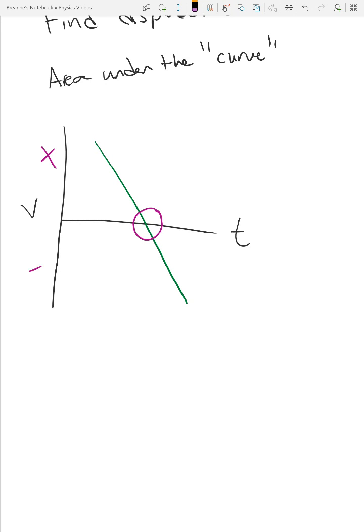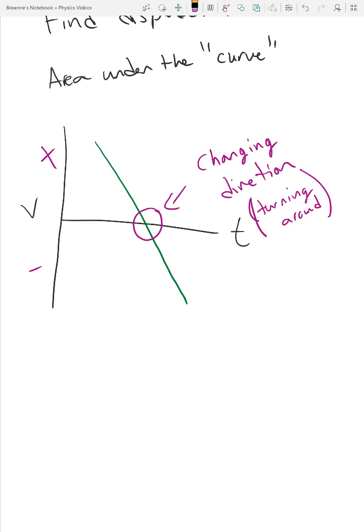Anytime you cross the zero line, you're changing direction. Another way to think about it is you're turning around.